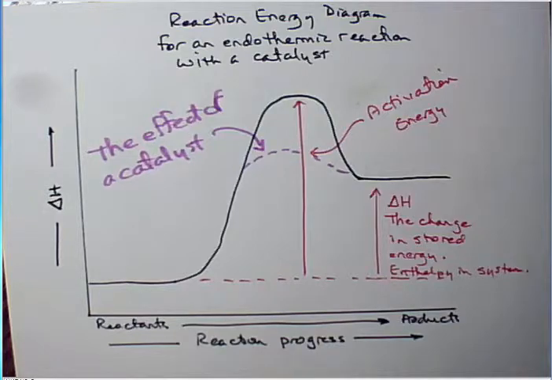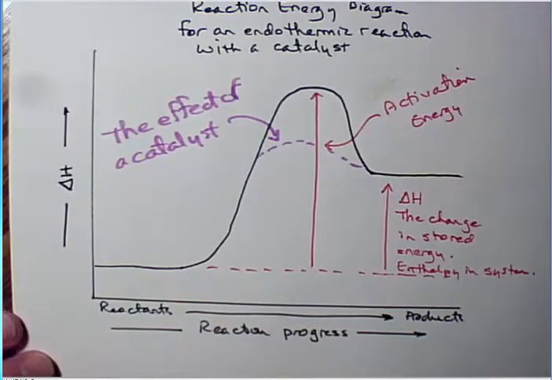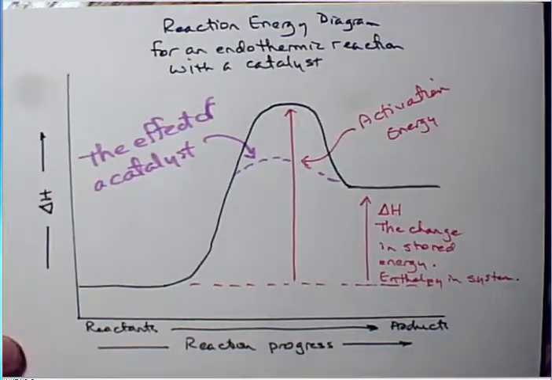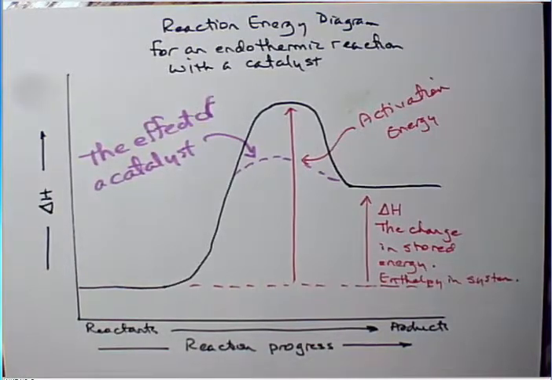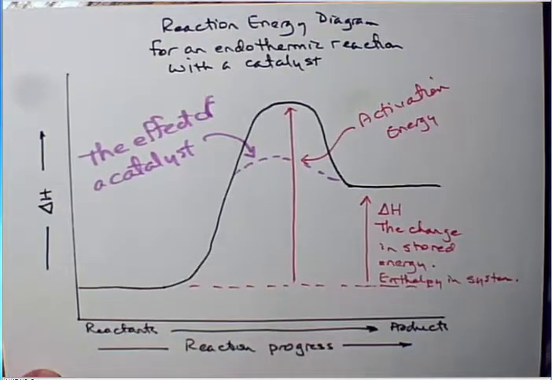And so that's when I ask you to draw a graph that shows the effect of a catalyst on an endothermic reaction using a reaction energy diagram. And that was the homework assignment. This is what I'm expecting. I want you to label everything so I know what everything means.